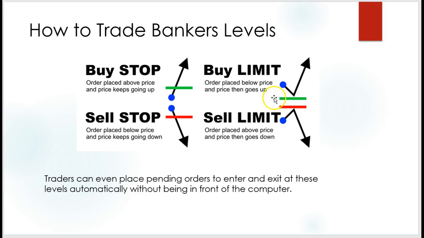Or in case they want to buy a bounce from a level, they can place a buy limit at the support level, looking for price to bounce from that area. Now, if they're looking for price to drop, they can use a sell limit to sell at a higher price at or near or against that resistance or support level.